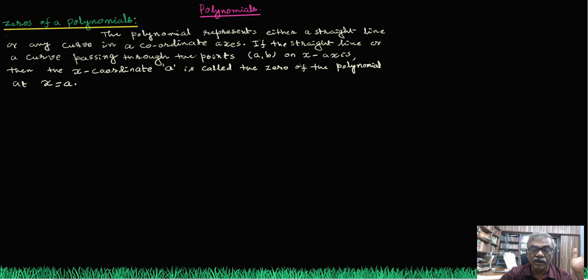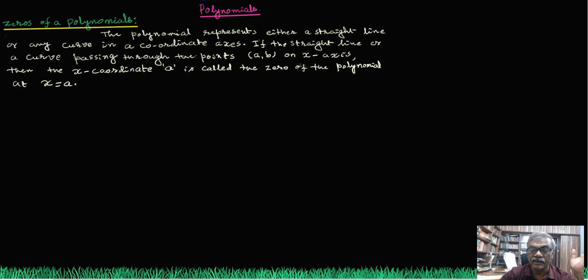Now I am going to explain what is the zero of a polynomial in a coordinate axis. The polynomial represents either a straight line or a curve in a coordinate axis.